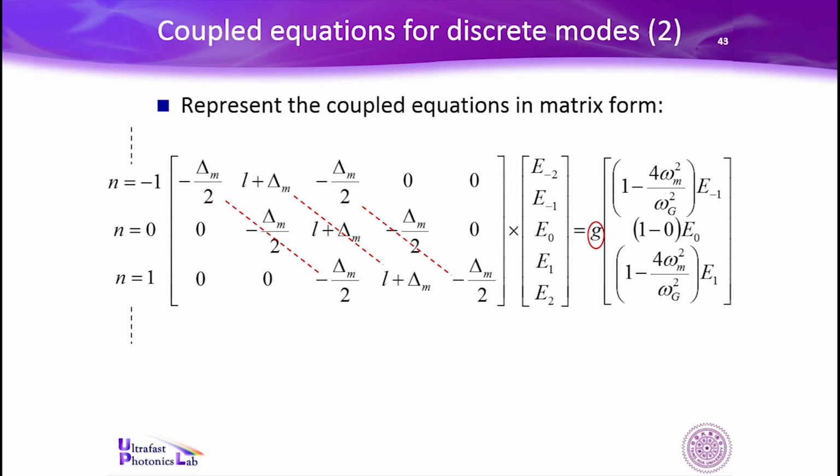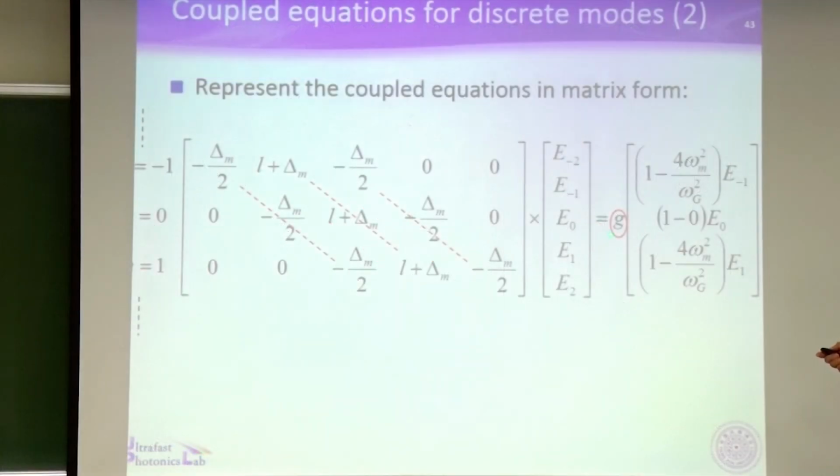So this is a known matrix, okay? This is an unknown vector. And the right-hand side of the equality is small g. What is small g? The saturated gain coefficient according to lesson 1, right? But you know, this is not a given number. This is an unknown number as well, right?